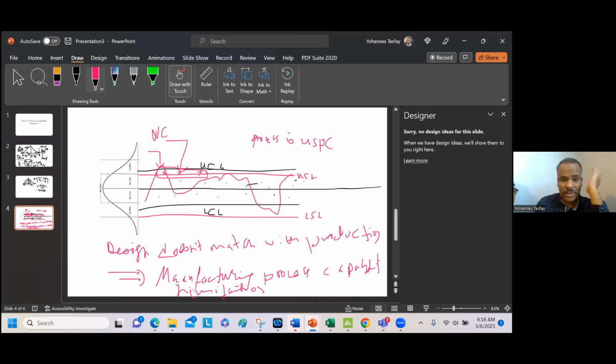But those observations or those products are non-conforming. So in this scenario, the design requirement is not met by the process requirement or process capability.